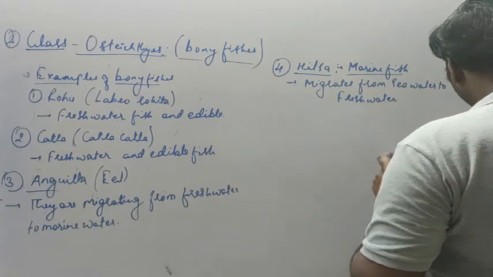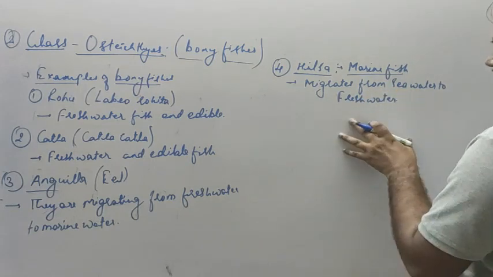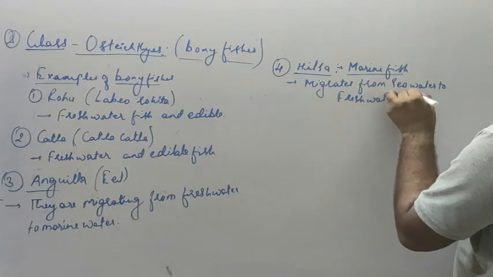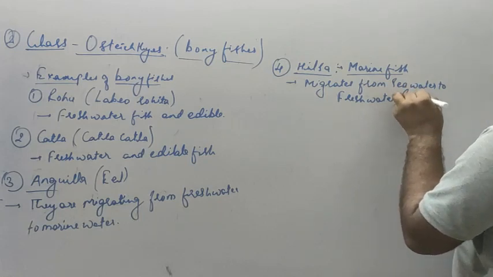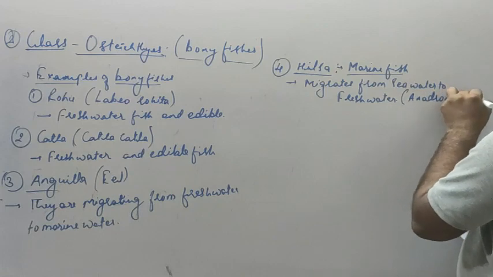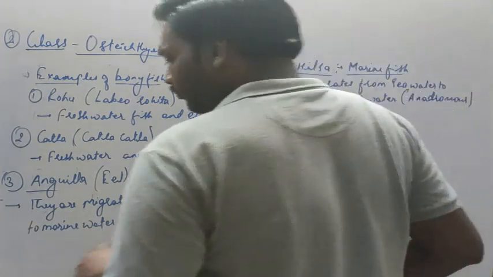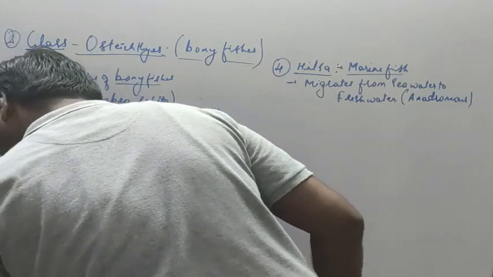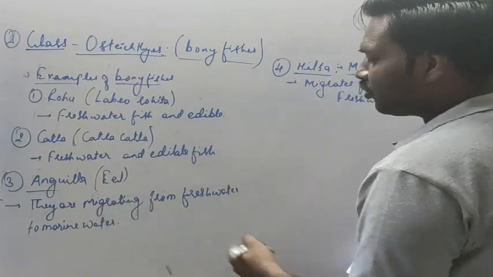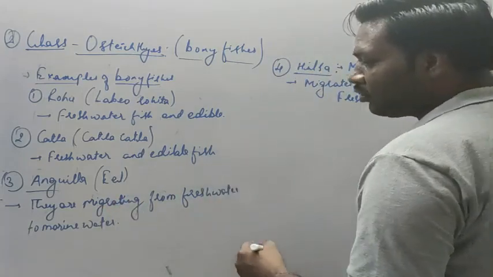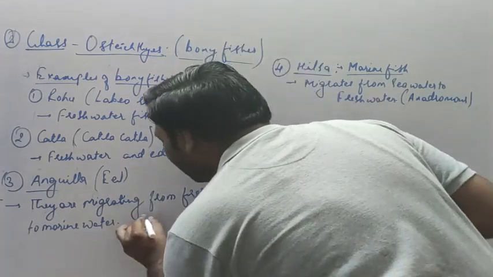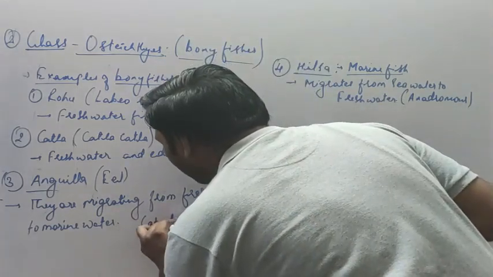Such types of fishes are referred to as anadromous. And the Anguilla type of fishes, which migrate from fresh water to marine water, are referred to as catadromous.